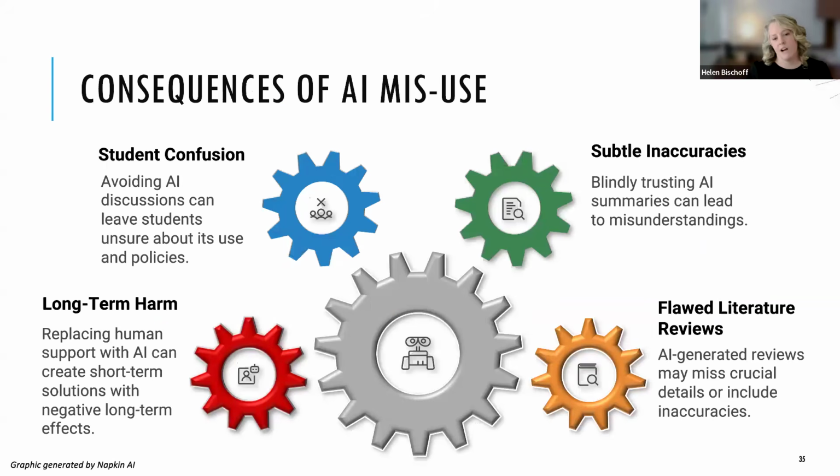So when we think about consequences of AI misuse, here are some things that I use to frame it. If we avoid discussing AI, it can lead to student confusion and inequity, like who has access versus who doesn't, right? If we replace human support with AI, it might create a short-term fix right now, but it'll possibly yield a really long-term miss. And I'll discuss that a little more later. If we trust AI summaries blindly, we're going to see subtle inaccuracies that are going to abound.